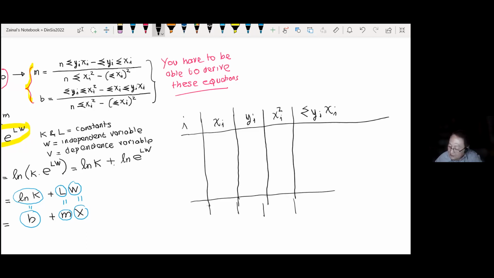At the end, you have n, sigma xi, sigma yi, sigma xi squared, and sigma xi yi.